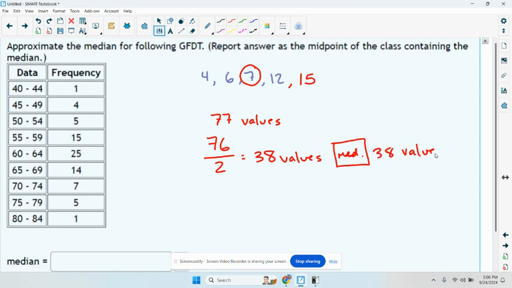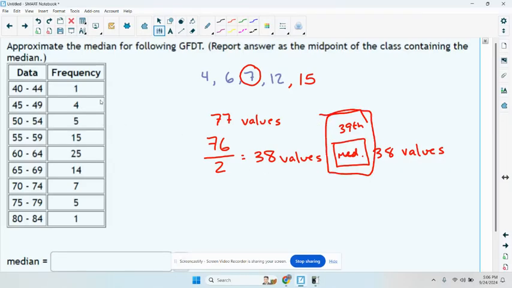Hopefully that makes sense, right? I have 76 things, so I have 38 values. The 39th value is going to be my median. And then I'm going to have 38 values after that. So 38 plus 1 gives me the 77 total. So my median is the 39th value.